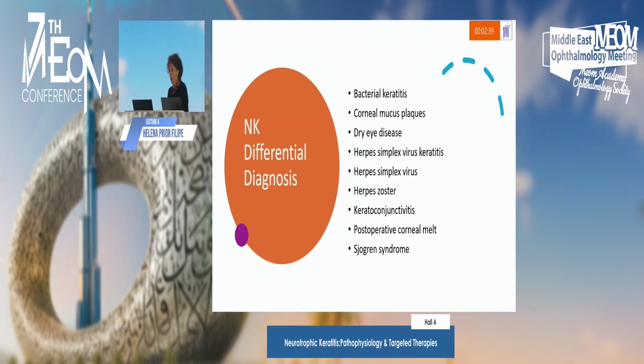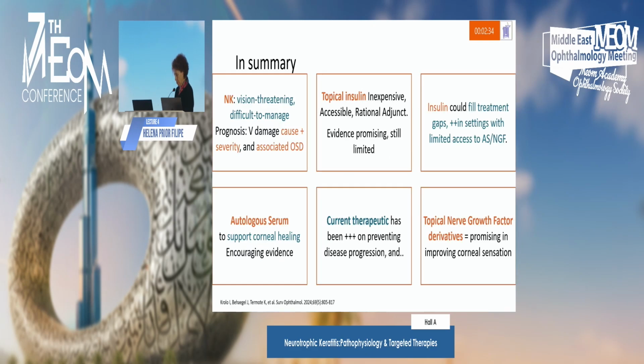We will not go into the differential diagnosis of neurotrophic keratopathy, but we will say that it can be vision threatening. In this case, topical insulin is inexpensive and accessible.